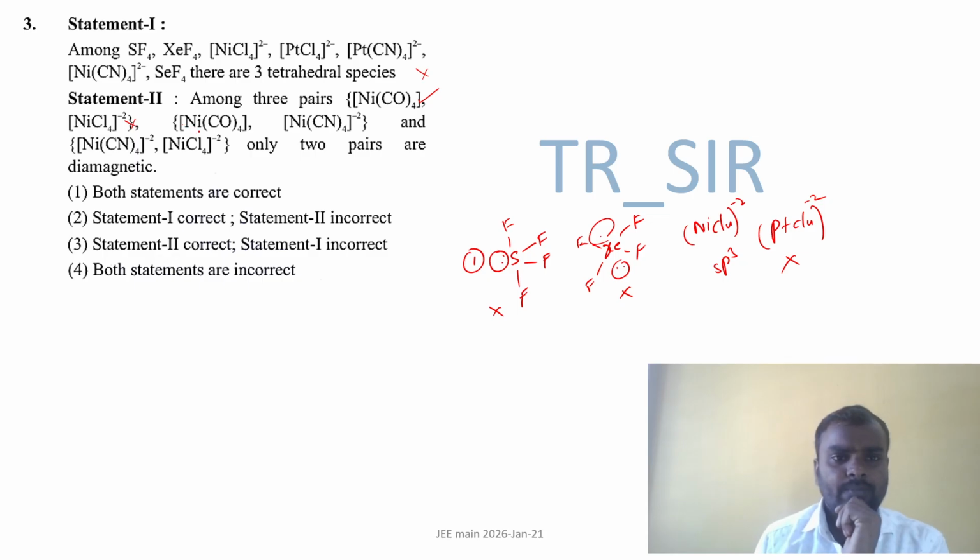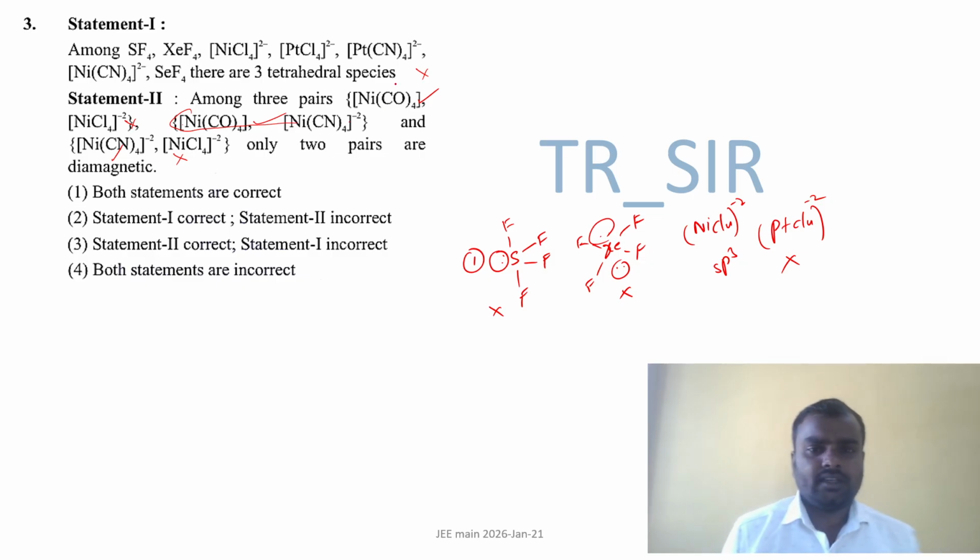So among the three pairs, only two pairs are diamagnetic. In this one pairing takes place, so both will be diamagnetic. In the first pair, this is dia but this is para.